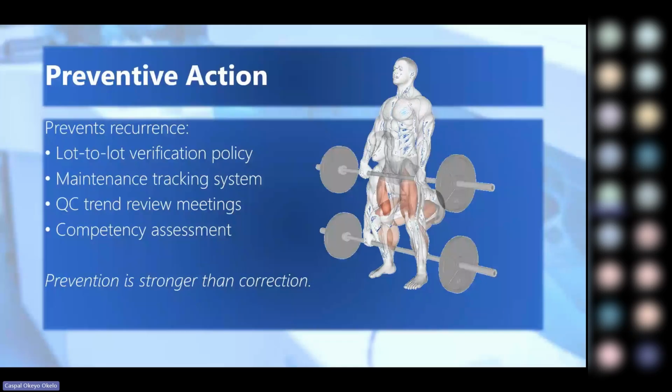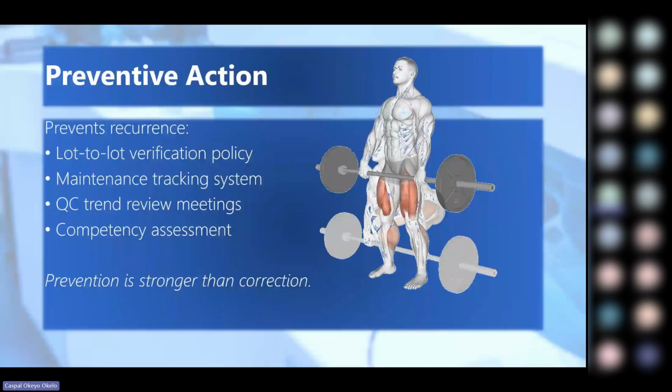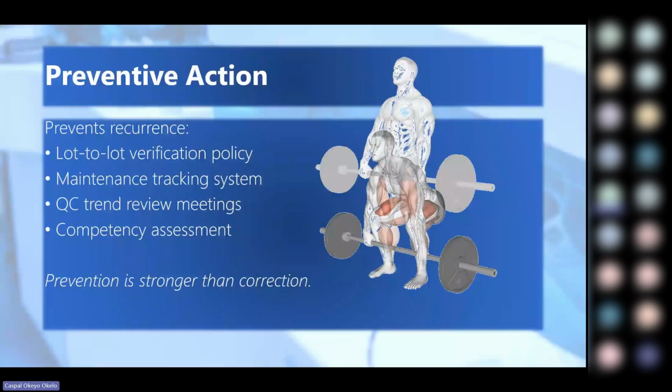So if a laboratory only performs corrective actions, you will be continuously fighting emergencies in your laboratory. But if it implements preventive actions, you realize that emergencies become rare. And accreditation bodies don't just look for corrective actions. They don't look for the CPR. They look for healthy living systems. And ultimately, patient safety improves when prevention becomes routine.